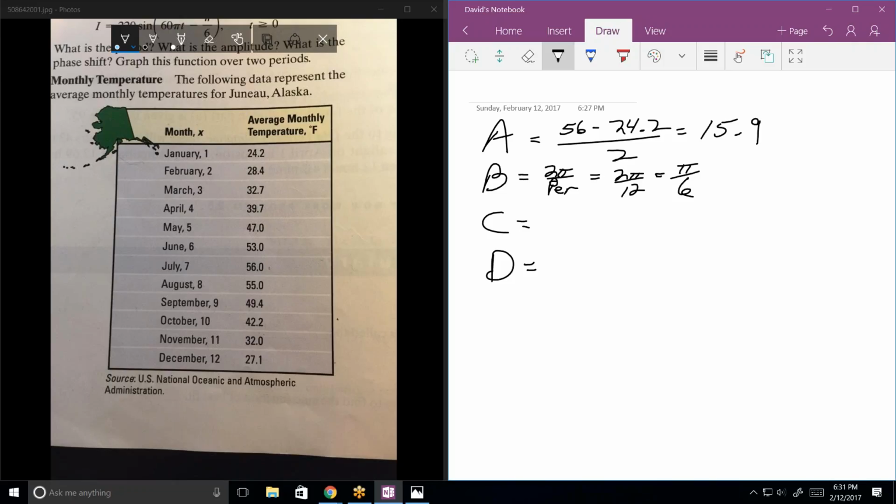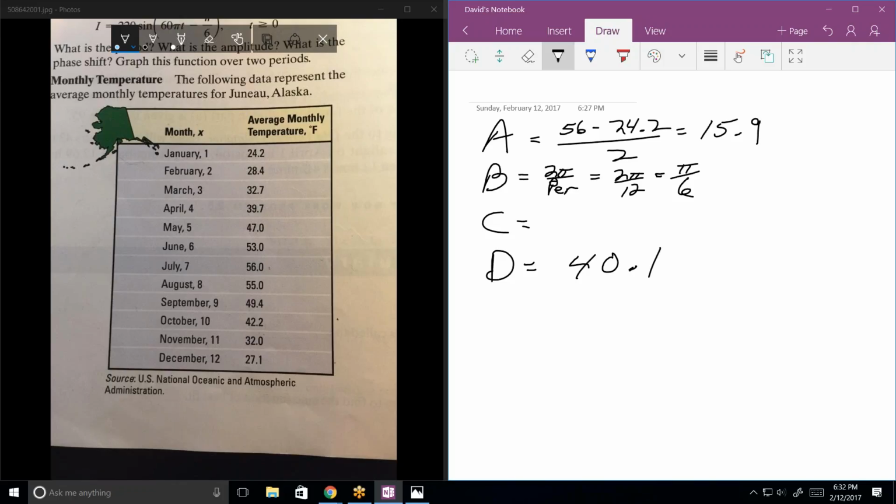Take your maximum, add it to your minimum, and divide by 2. That's D. Okay? So A and D are very easy. A is your max minus your min divided by 2. D is your max plus your min divided by 2. So D gives us, I believe, 40.1. Correct?